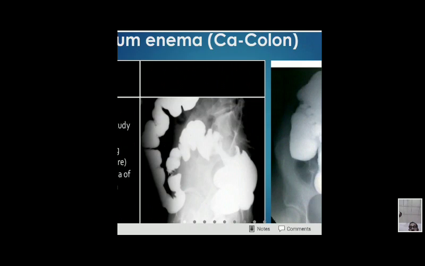And it carries a 100% risk of developing colonic carcinoma in case of FAP. So it needs regular screening of the patient and family surveillance.